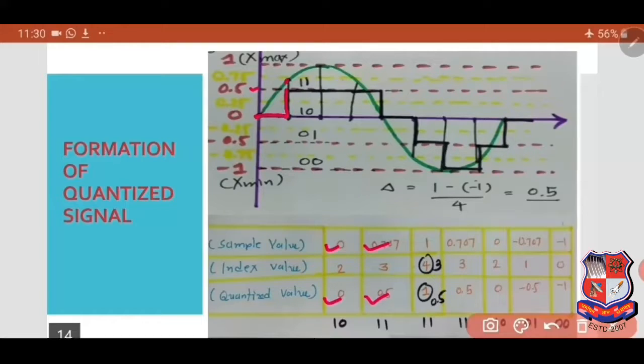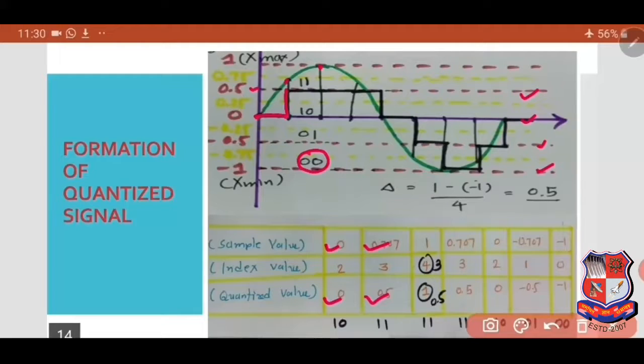Then we can see at the magnitude 1 we will have the two values 4 and 1. But at that magnitude 1 we don't have any quantized level, because we just take 2-bit data over there. So we just have four quantized levels, that is level number 1, 2, 3 and 4.